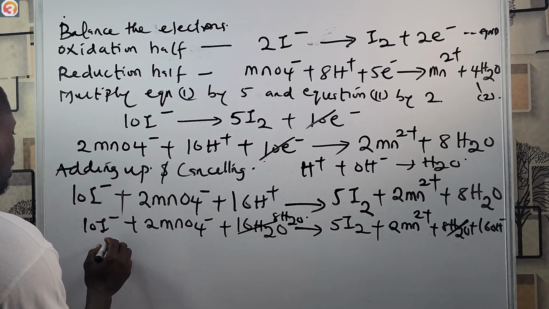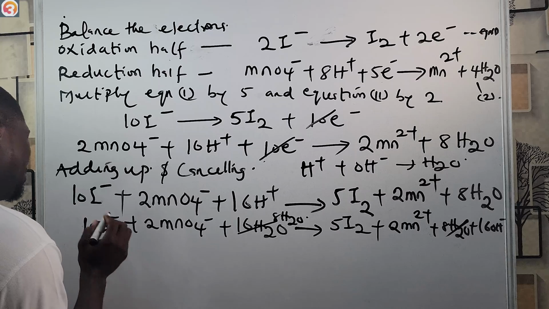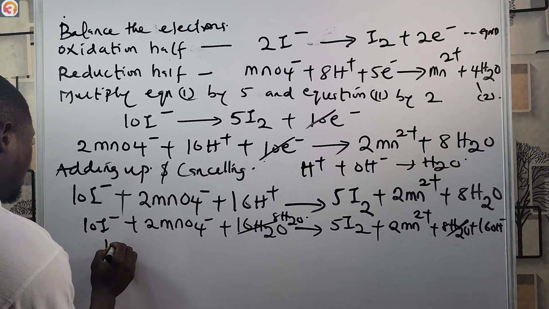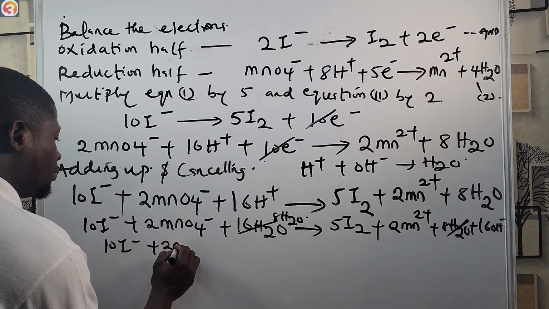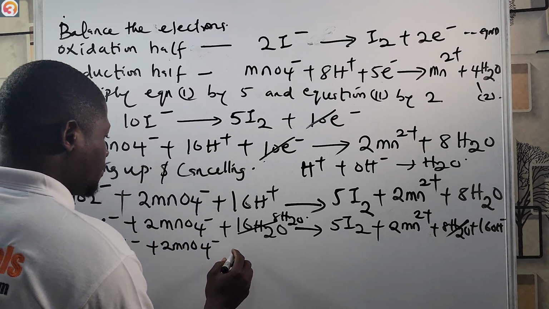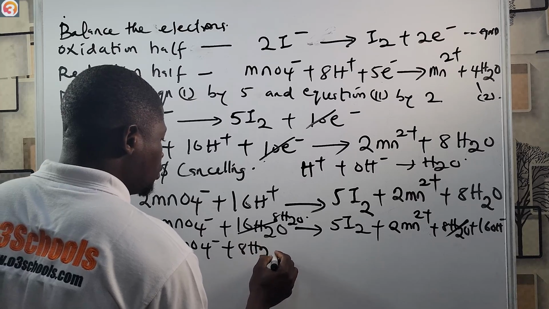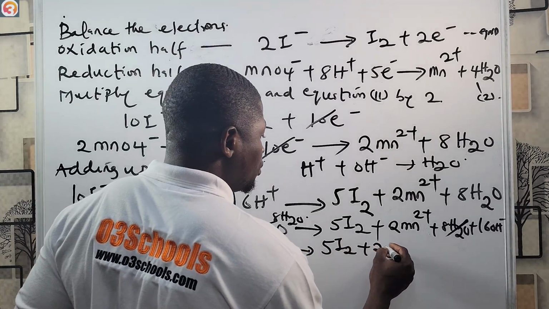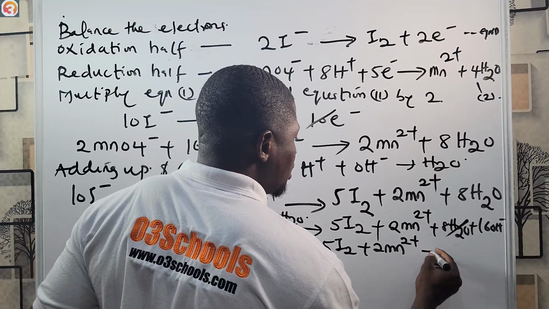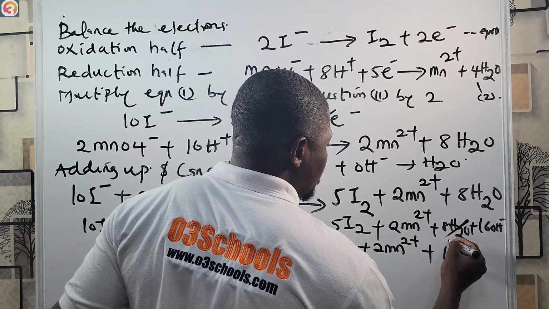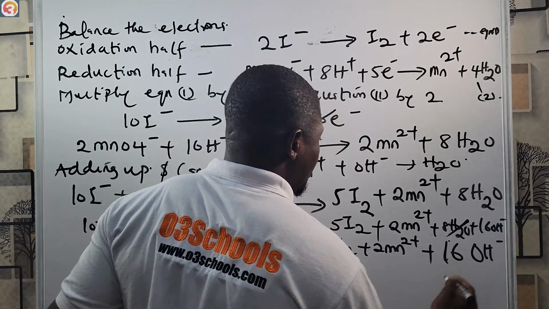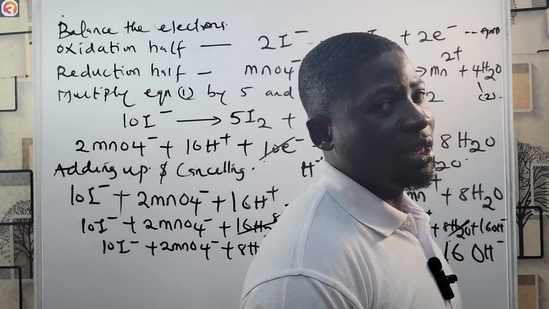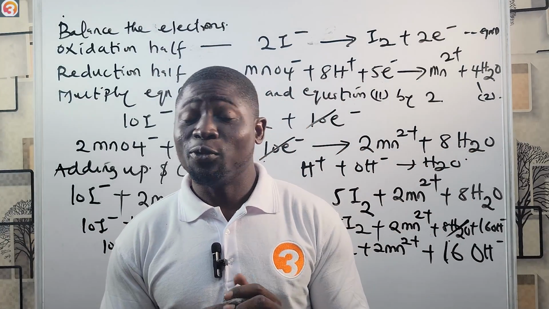So the overall equation in the basic medium will be 10I minus plus 2MnO4 minus plus 8H2O to give 5I2 plus 2Mn2 plus, then plus 16 OH minus. So this will be the balanced equation in the basic medium. It's very simple to understand.